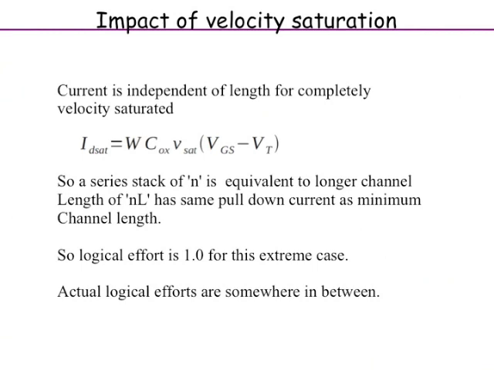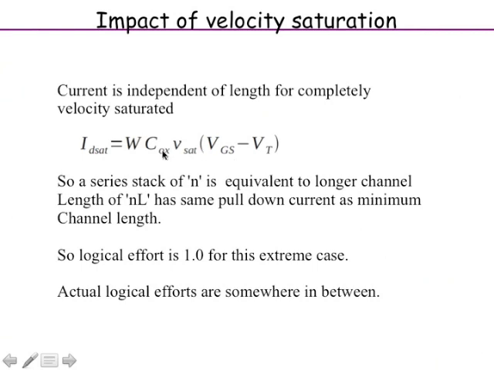Vg minus Vt to the alpha, right? That is the equation for current in saturation for a transistor which is in velocity saturation, where alpha is less than 2. In the extreme case, as we had discussed, alpha can become 1, and really the current in the saturation region is just given by this equation: W times Cox times velocity saturation times Vgs minus Vt.